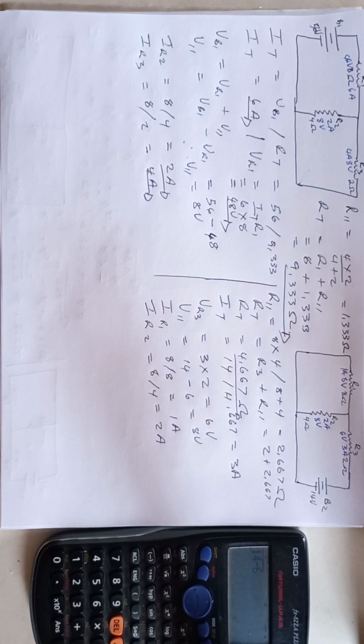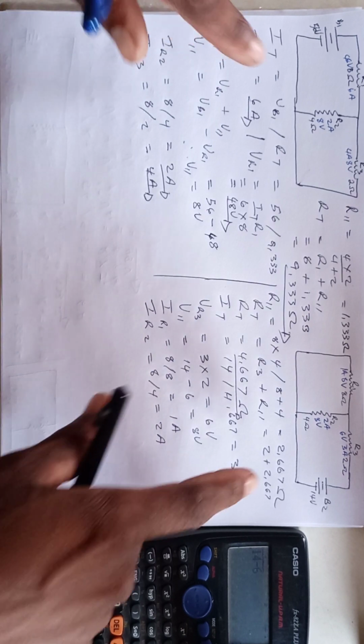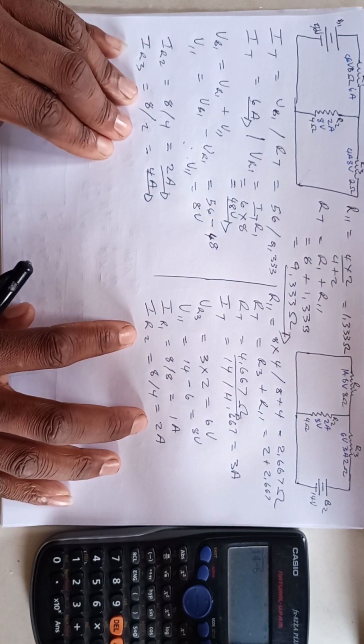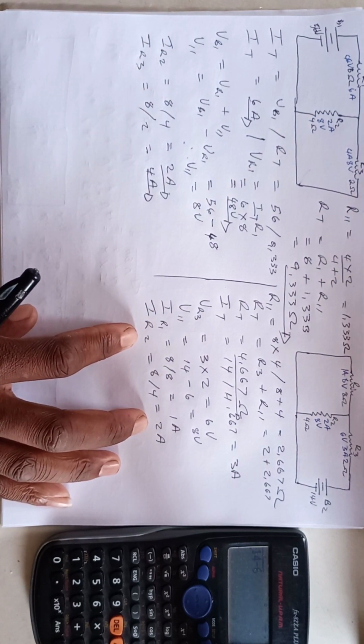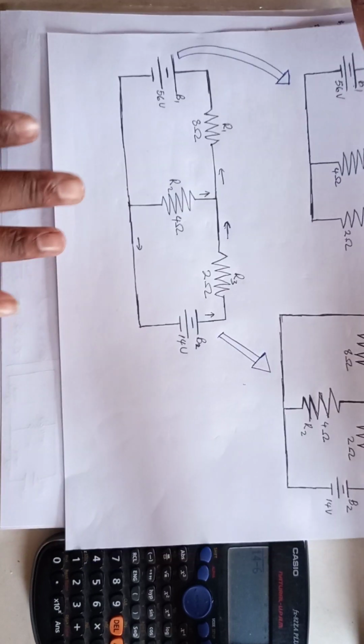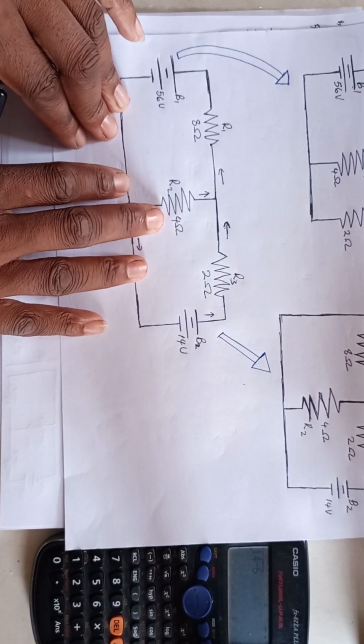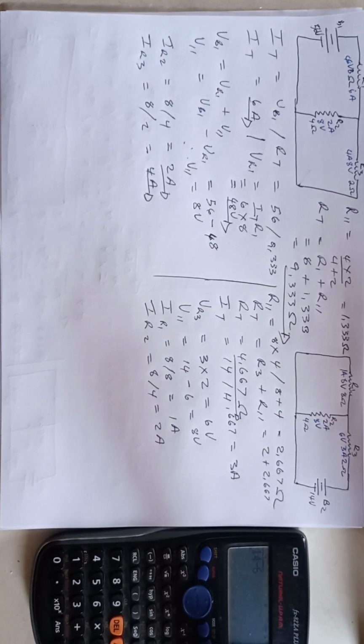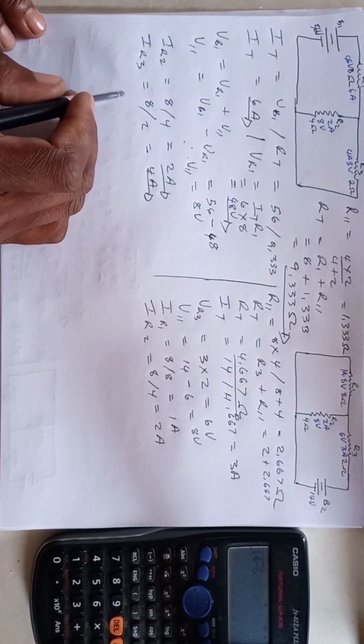So now that we know the currents and the voltages of this circuit, we can now use them to calculate the voltages and the currents for this circuit. So let us do this. Let us draw a table.